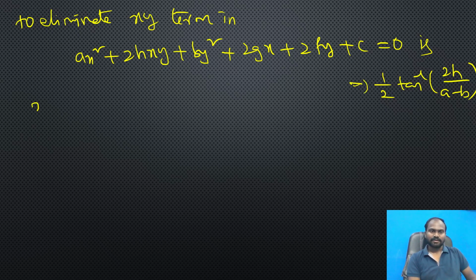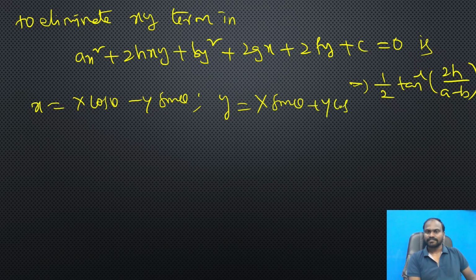That is, small x is equals to capital X cos theta minus capital Y sin theta, and small y is equals to capital X sin theta plus capital Y cos theta.